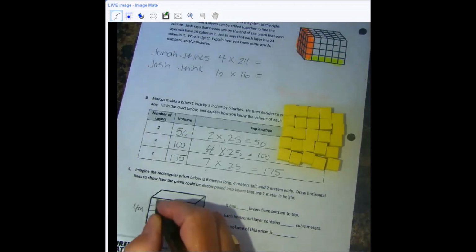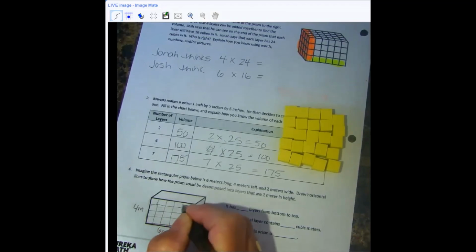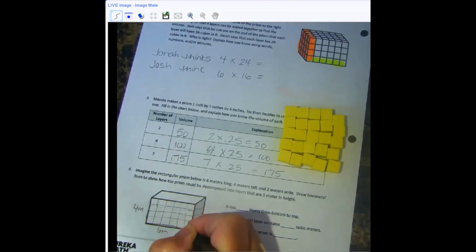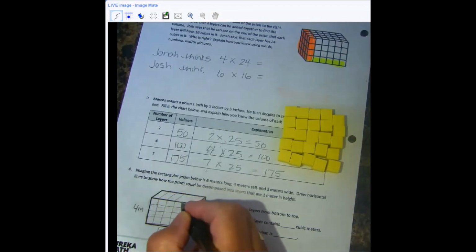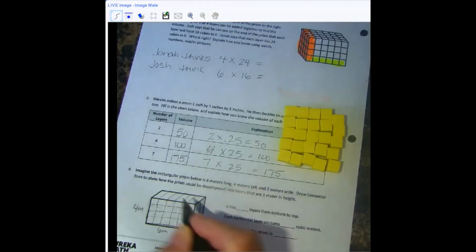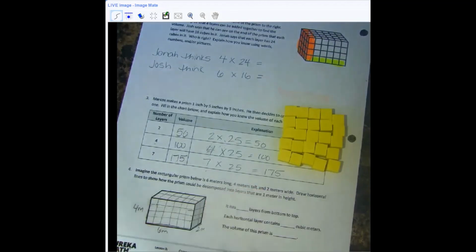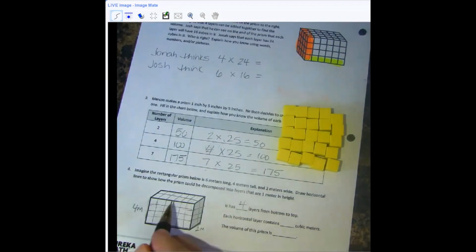Now this has to be 6 equal, so that's 5 lines. Okay. Make these go across the top there. Okay. And then the depth is 2. Ta-da! So this has 4 layers from bottom to top.